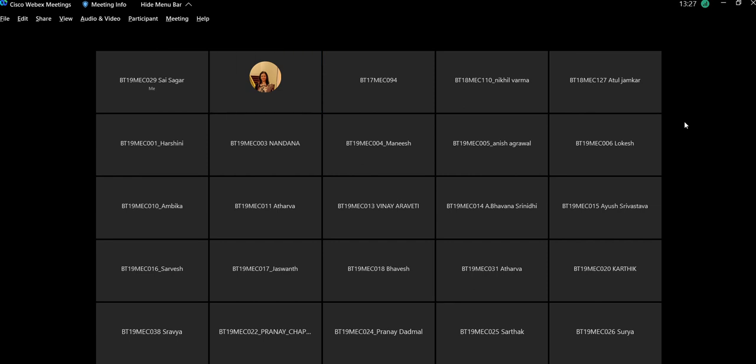Ambika, Nikhil, wear and tear. Okay. Jerk, how do you know it is jerky? Wear and tear you cannot see, but you know that there will be wear and tear. Heat dissipation, can you see that?